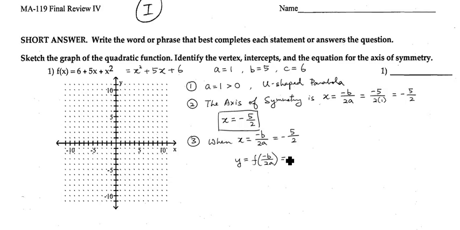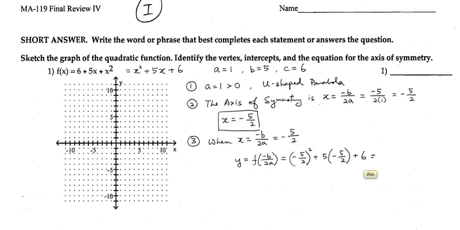So that would give you negative 5 over 2 in parentheses squared plus 5 times negative 5 over 2 plus 6. Work it out and see what that becomes.